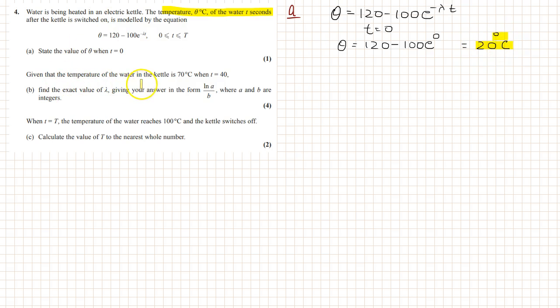Given that the temperature of the water in the kettle is 70 degrees centigrade when t is 40. So question B is, when t is 40 seconds, the temperature theta is equal to 70 degree.